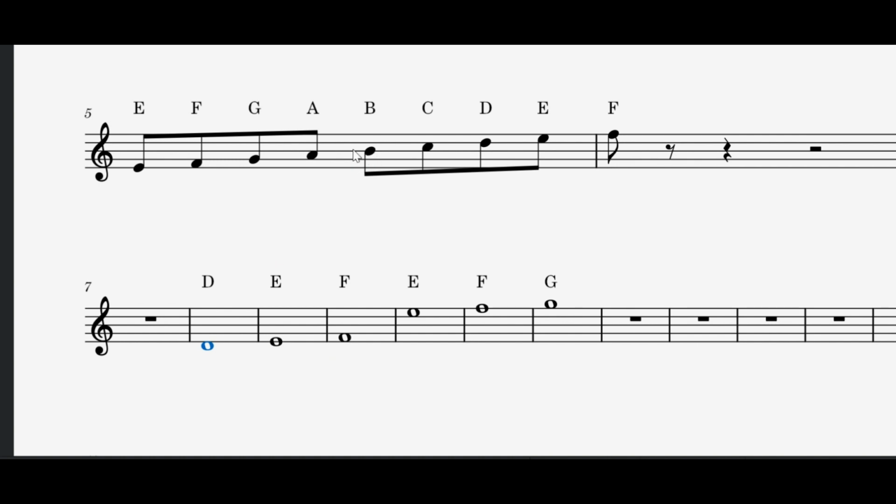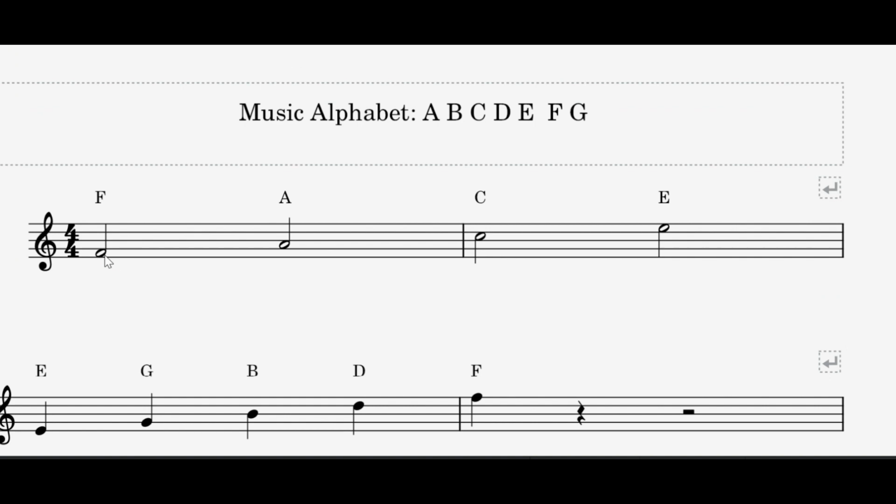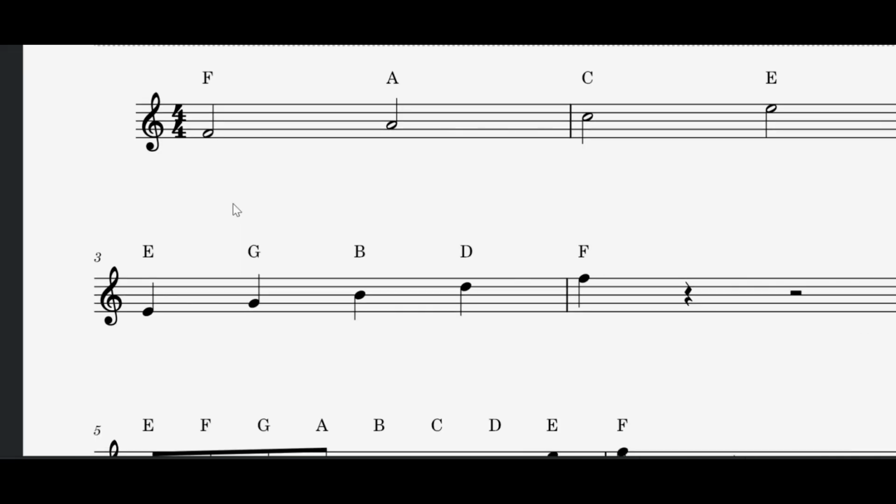So just to recap, your space notes from the lowest space all the way up are the letters F, A, C, E, spells FACE. Your line notes from the first line to the second, third, fourth, fifth are E, G, B, D, F. Every Good Boy Does Fine.